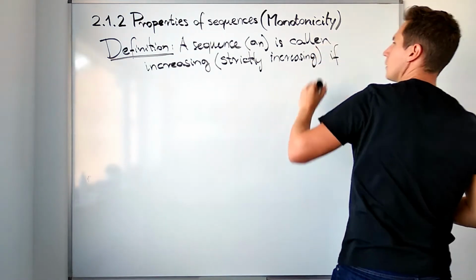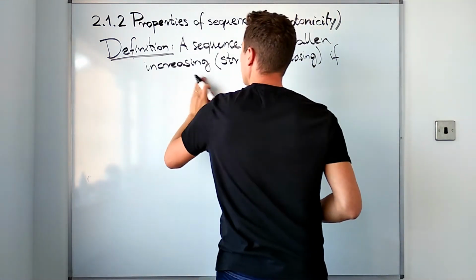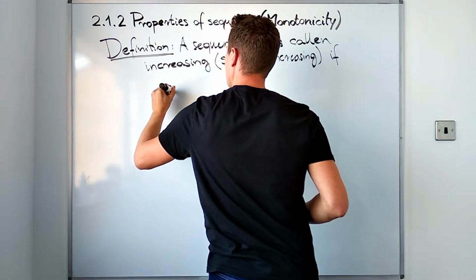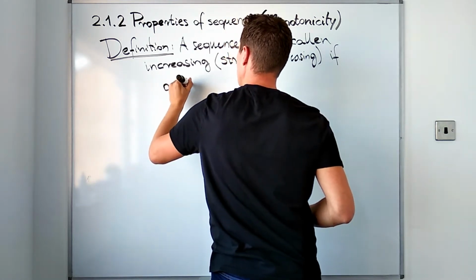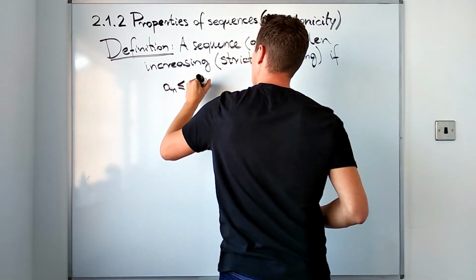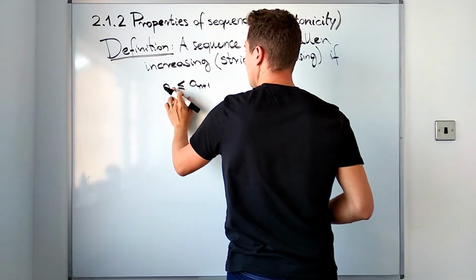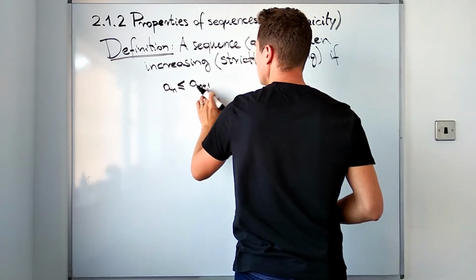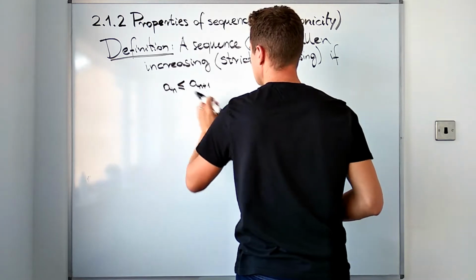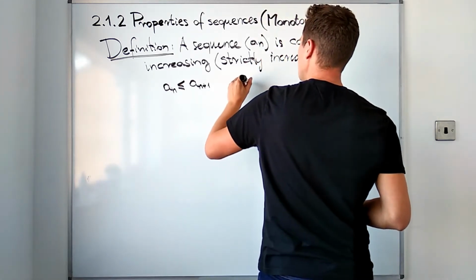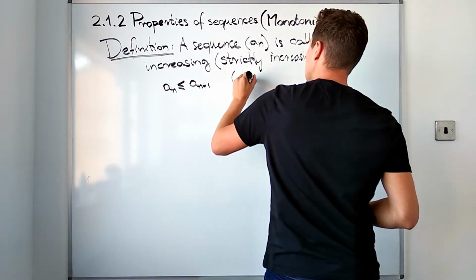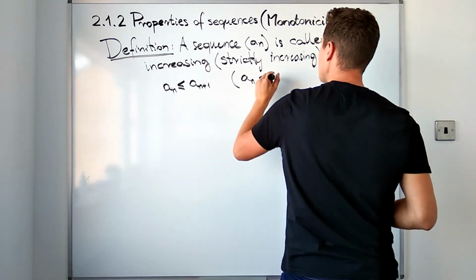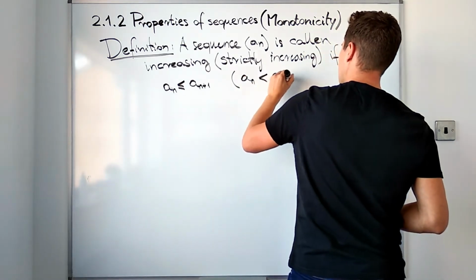If a_n is less than or equal to a_{n+1}, so the nth term of the sequence is less than or equal to the following term of the sequence, it is increasing. It is strictly increasing if it's strictly less than the next term.